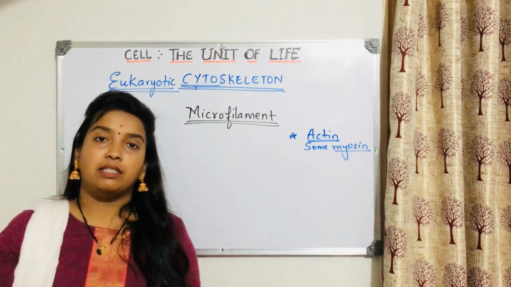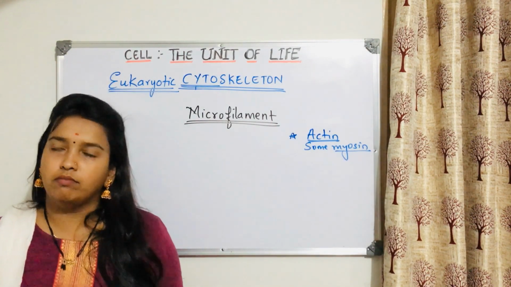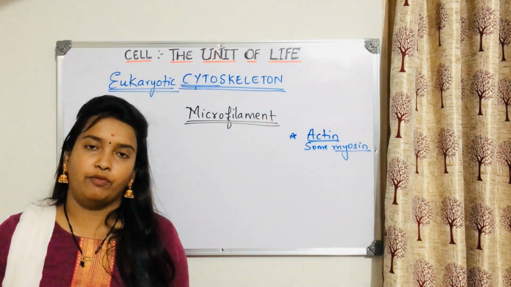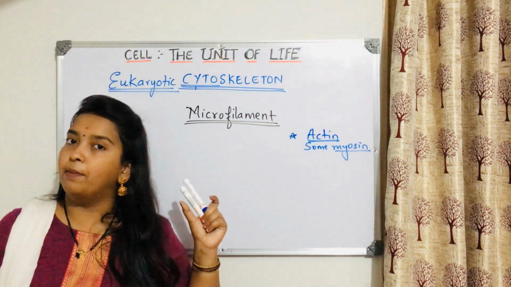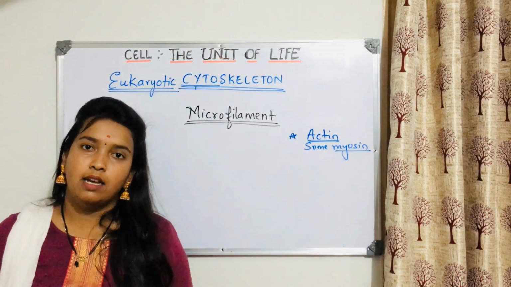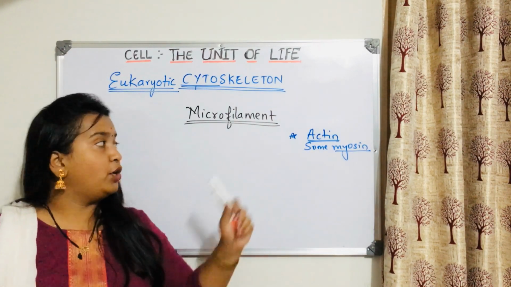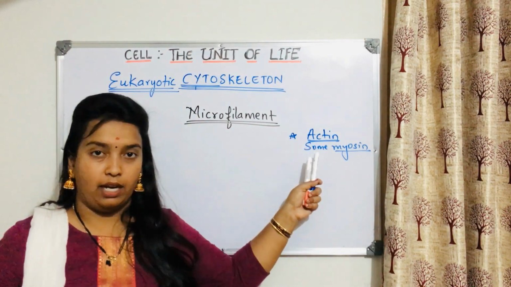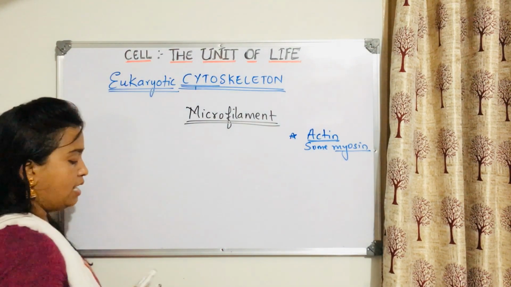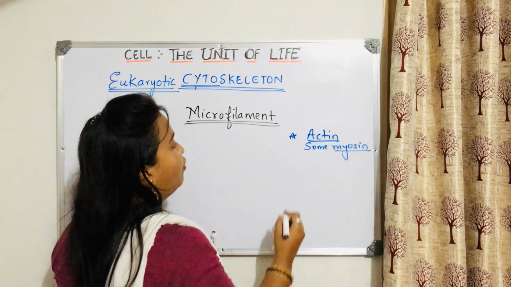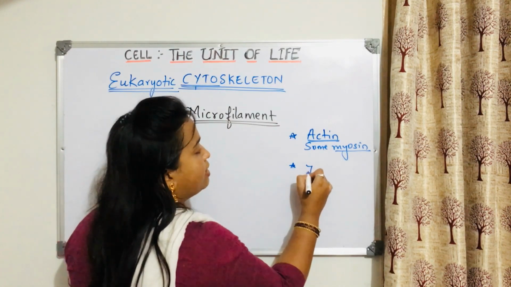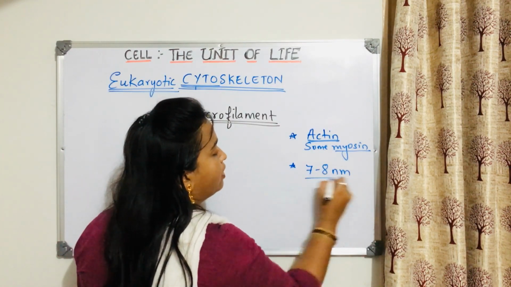If you have completed the muscle chapter, locomotion and movement, I guess, in first PUC. In that chapter, you are very well versed with actin protein. Anyways, we'll talk about that. The second thing you need to remember here is the diameter. It is about 7 to 8 nanometer.